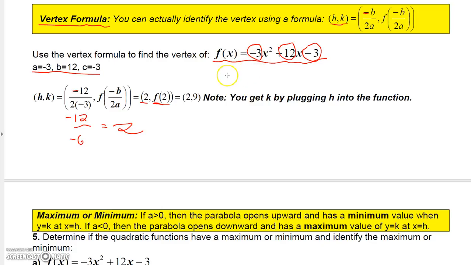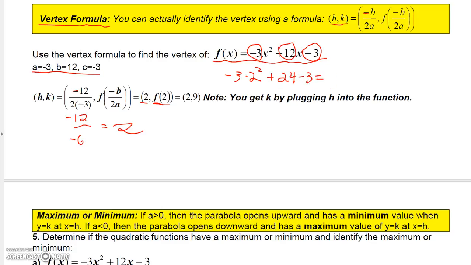Let's see, if we plug 2 in, you would get -3 times 2 squared plus 12 times 2. Let's just go ahead and say that's 24, and then minus 3.